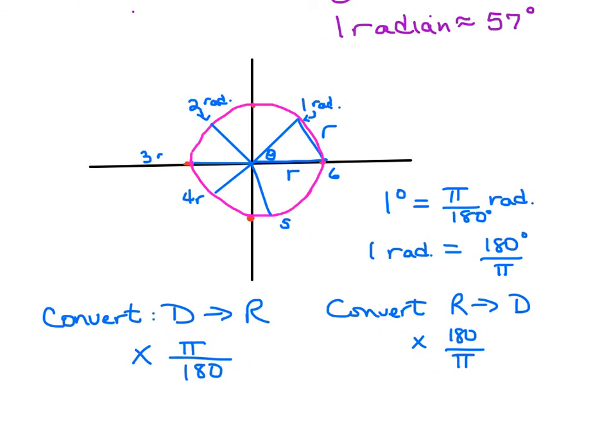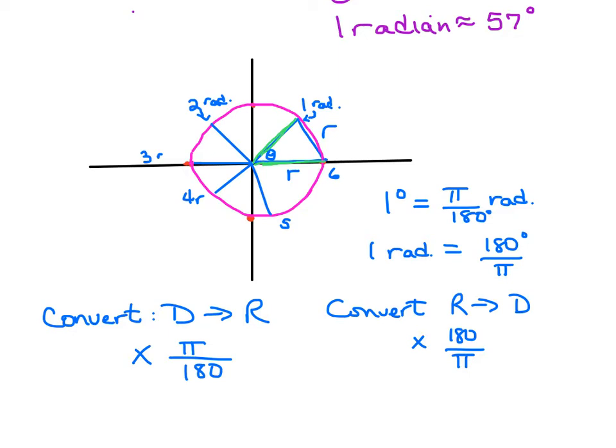So here is my circle, and notice I have an angle in here labeled as theta, and it is bound by this radius, and this is also a radius. So remember, wherever the radius is drawn in your circle, they all always have the same measure.